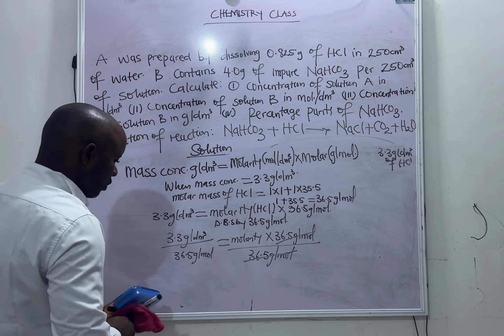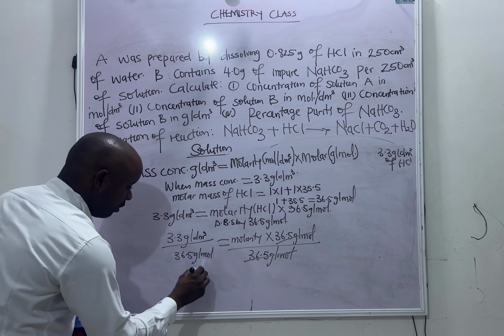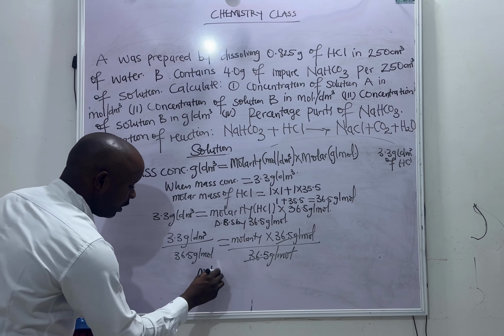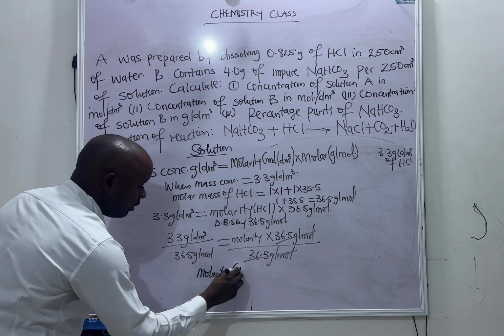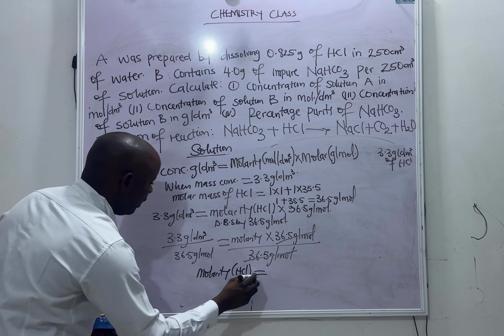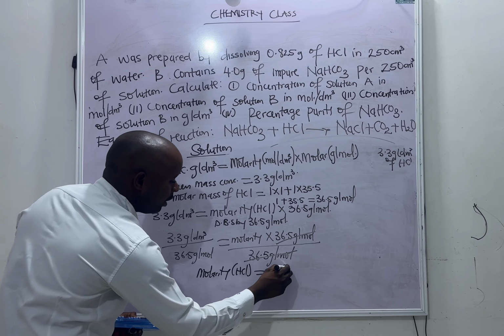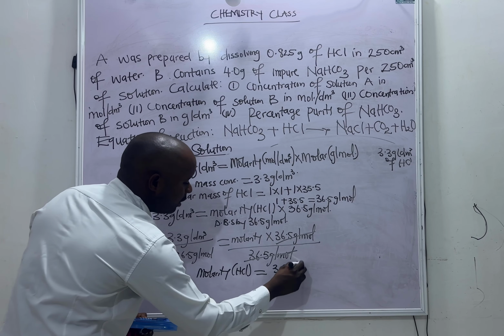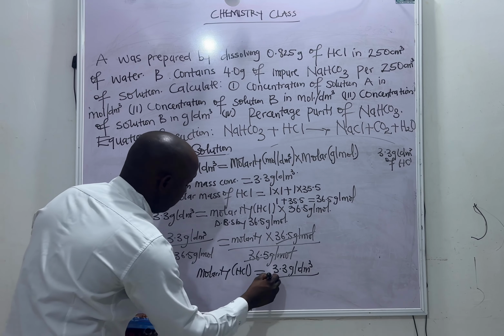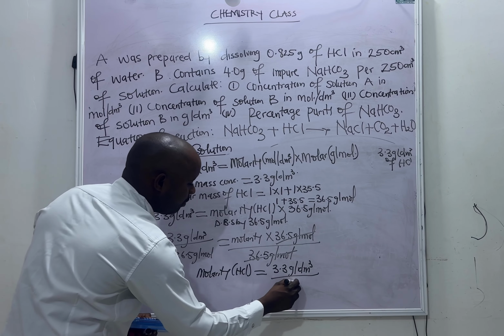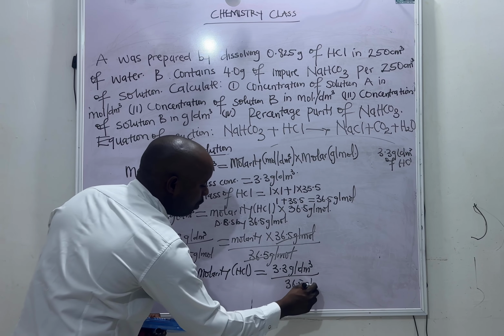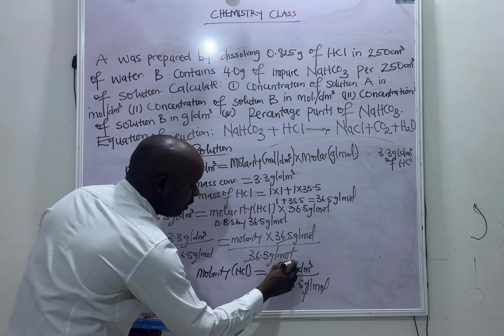If this goes, we're going to have molarity of HCl in mole per dm cube is giving us 3.3 gram per dm cube divided by 36.5 gram per mole. Gram cancels gram.